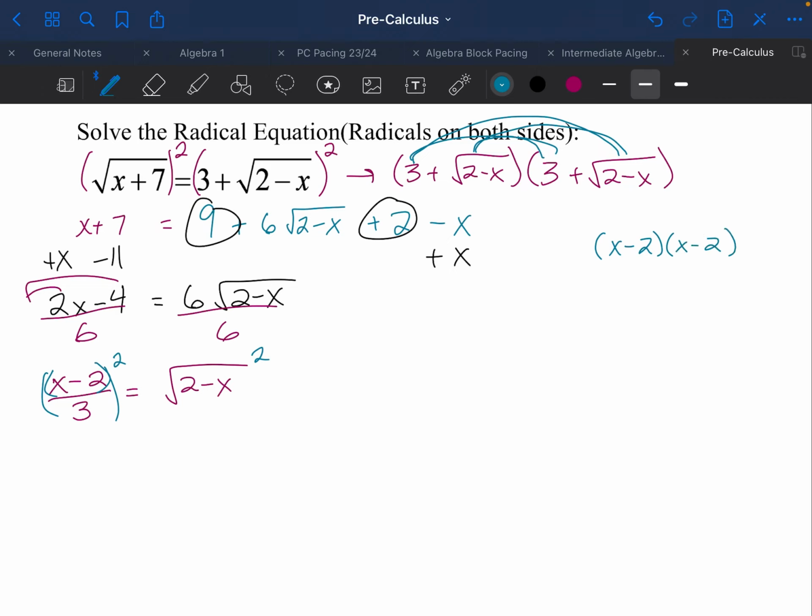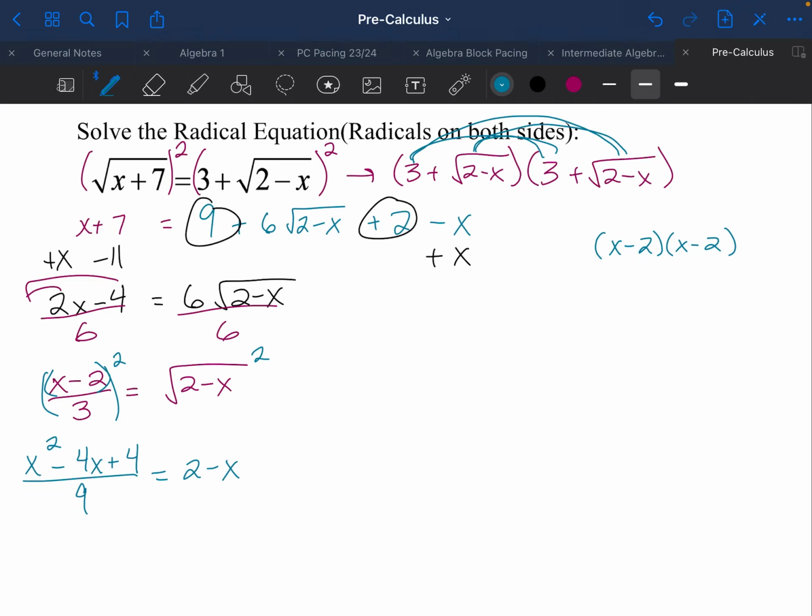Okay, x squared minus 4x plus 4 all over 3 times 3, which is 9, equals, the square root goes away, 2 minus x. We are so close.